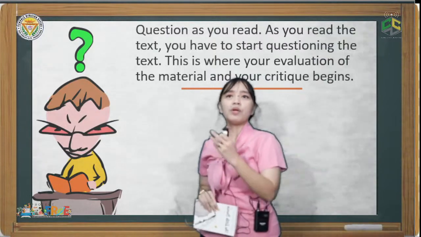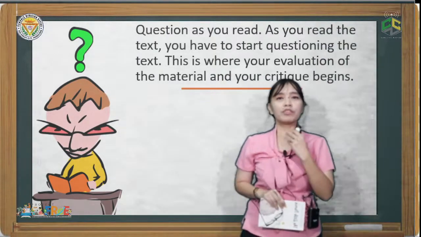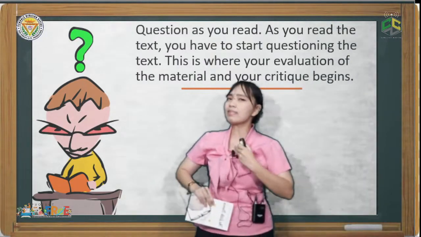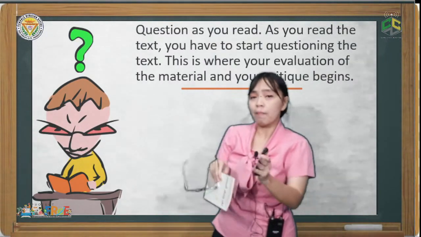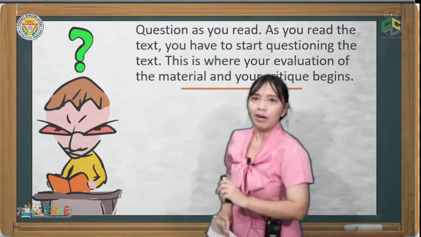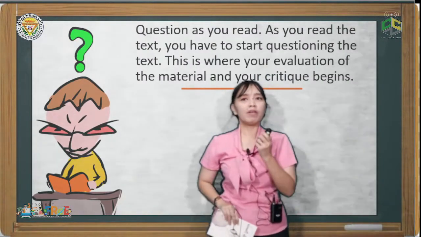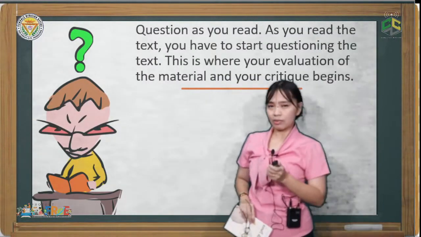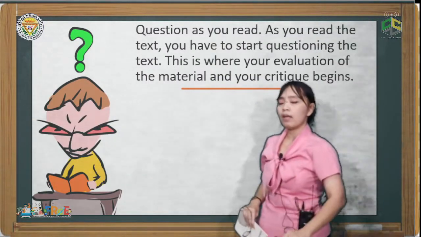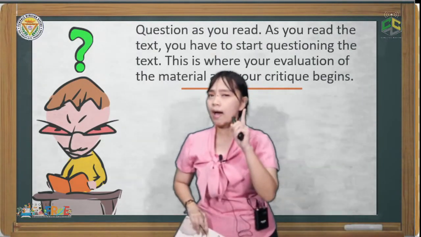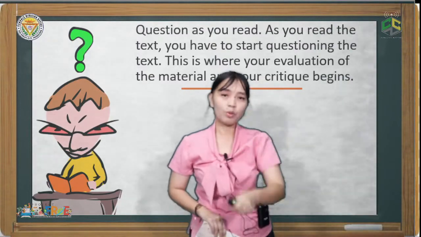As you read the text, you have to start questioning the text because you are trying to come up with an intelligent response about the text or the book that you have read. This is where your evaluation of the material and your critique begins. So again, the main thing I've said to you: you have to question as you read.